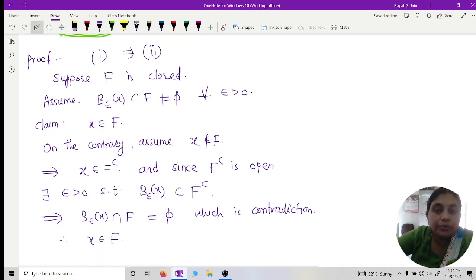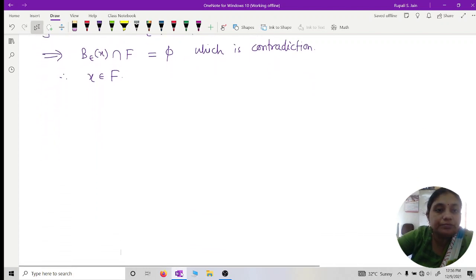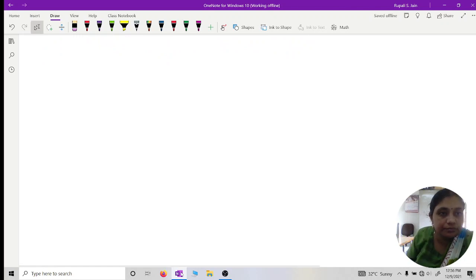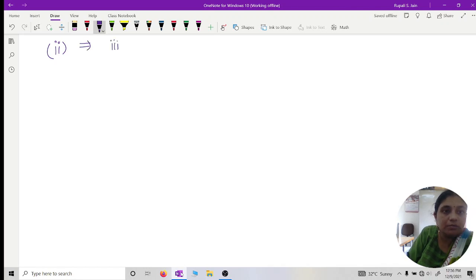Now we prove 2 implies 3. What is statement 2? If B_epsilon(x) intersection F is non-empty for every epsilon greater than 0, then x belongs to F. And what we want to prove? If a sequence x_n in F converges to x in M, then also x belongs to F. Okay, so we will start.